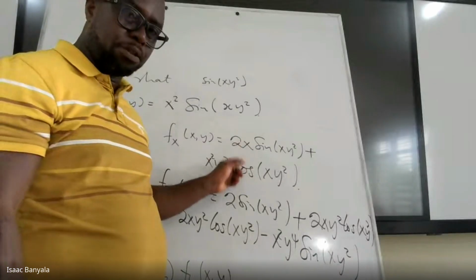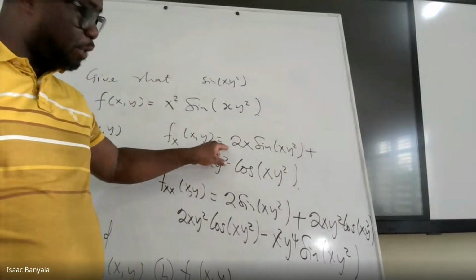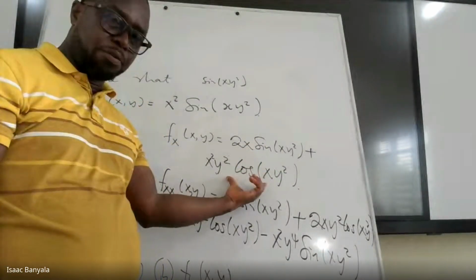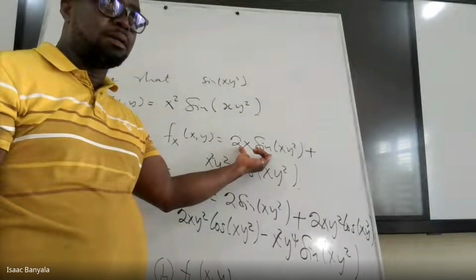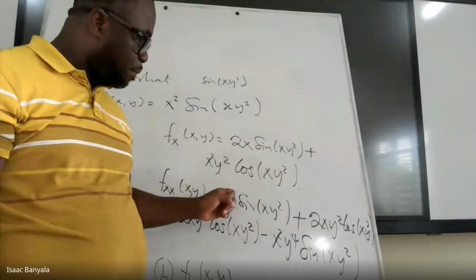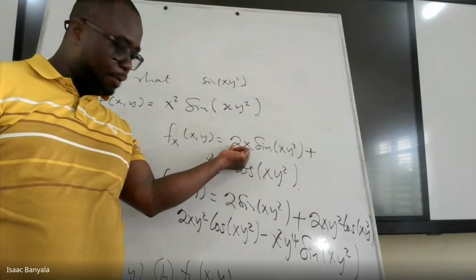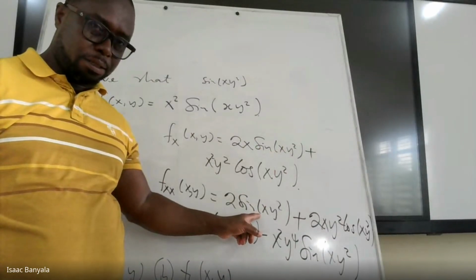We are differentiating whatever we have here with respect to x. So we are taking this, differentiating them with respect to x. When you come here, you apply the product rule. The product rule says that we will take this one, we differentiate this with respect to x, that gives us 2x, and keep this one as our constant.